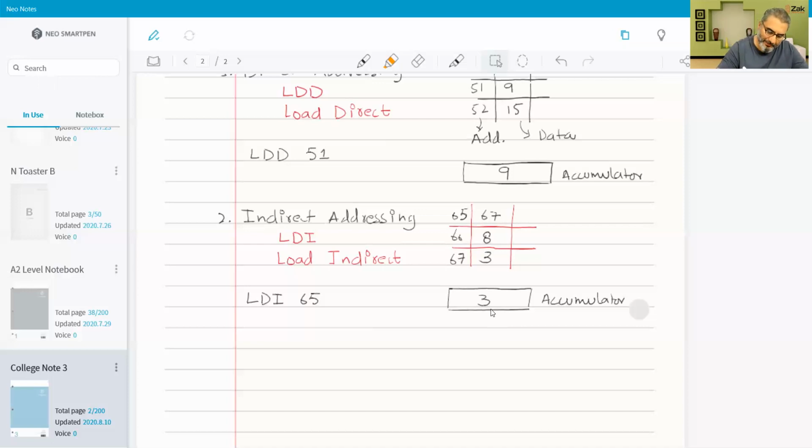Let's say the bus width, or word size, of a particular computer is actually 3.